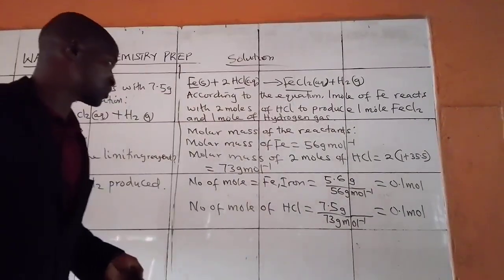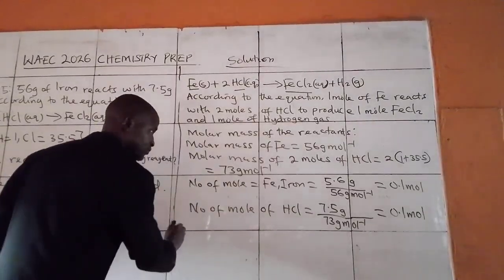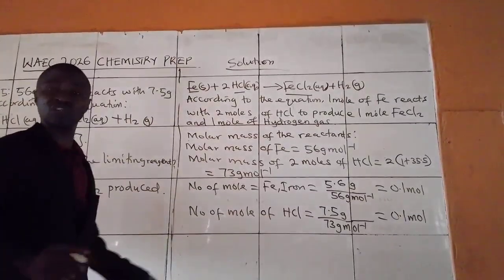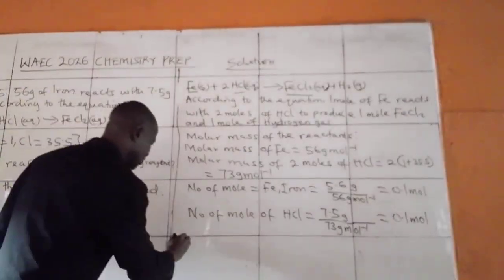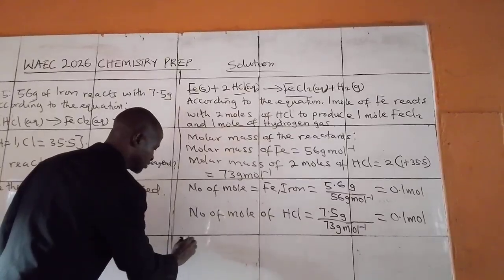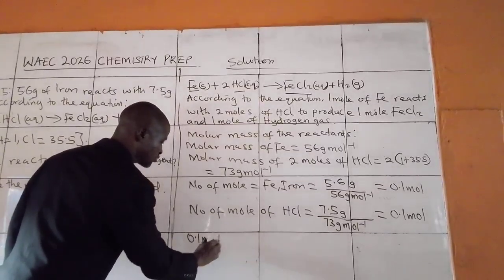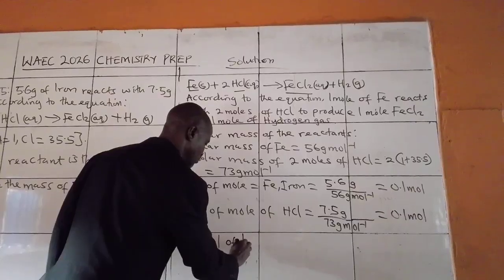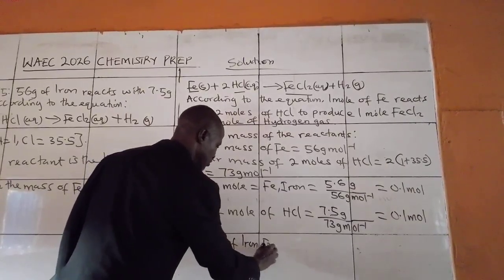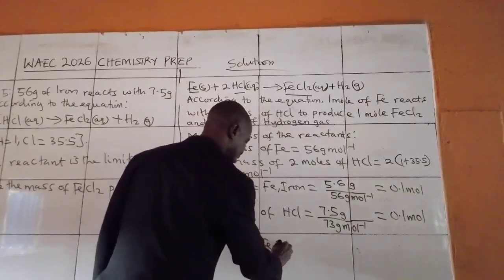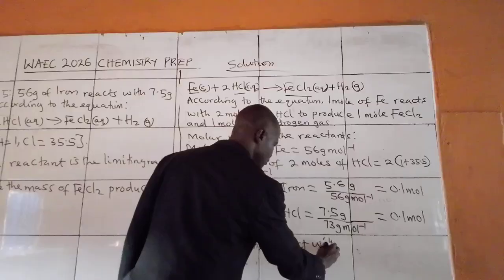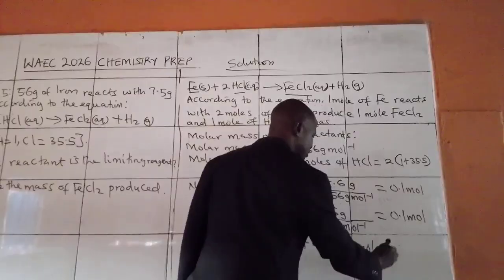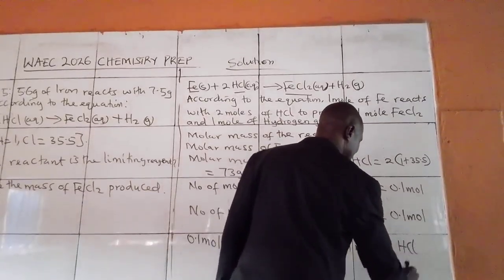As a result of this, based on the equation of the reaction, it means that 0.1 mole of iron, Fe, reacts with 0.1 mole of HCl, hydrochloric acid.